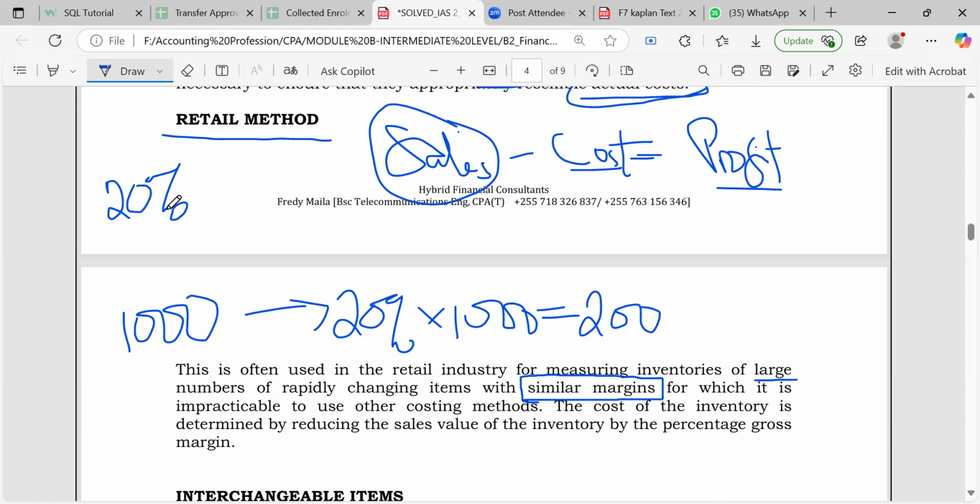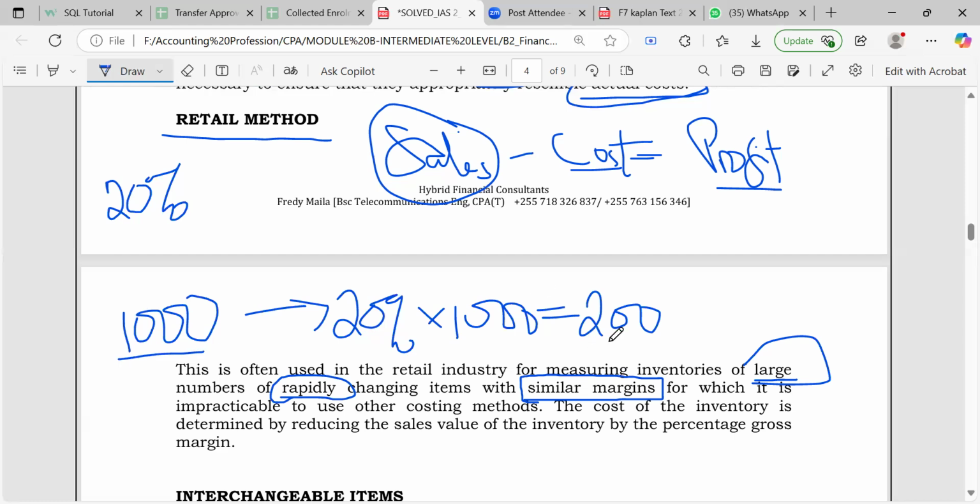So we would say that instead of determining the cost of one unit, when they are rapidly changing and they have a large number, you can deal with that. Something which is very large and rapidly changes. So you just count the sales which you got. Let's say it's 1,000.